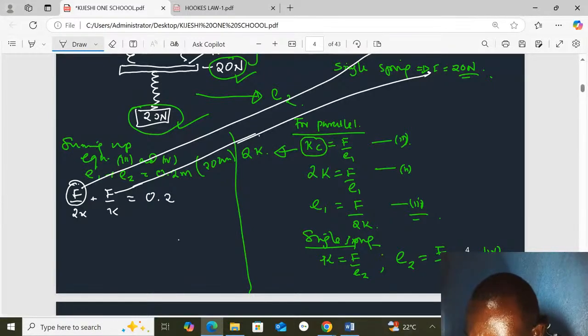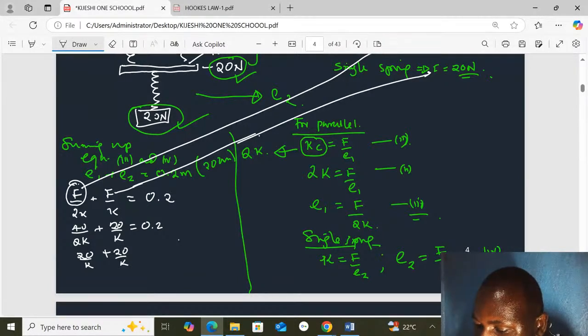We're saying that 40 out of 2K plus 20 out of K is equal to 0.2. This means that 20 out of K plus 20 out of K, we have divided because we are having 2 here, is equal to 0.2. Multiplying through by K, it will be 20 plus 20 is equal to 0.2K.